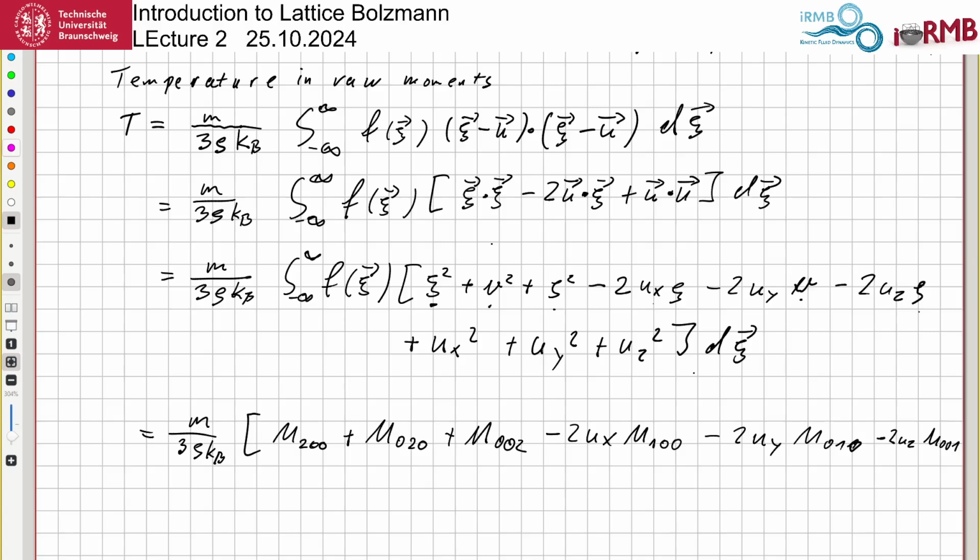And now we have this stuff left, which is all constant. So if we integrate only over f, we get the zero order moment. So what we end up with is we get all of these times the zero order moment.